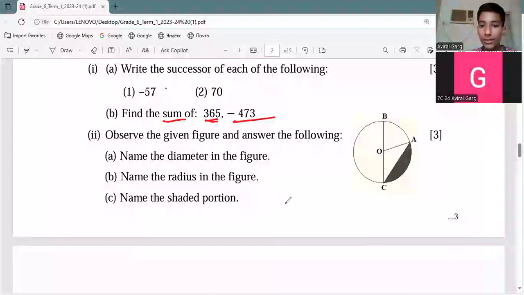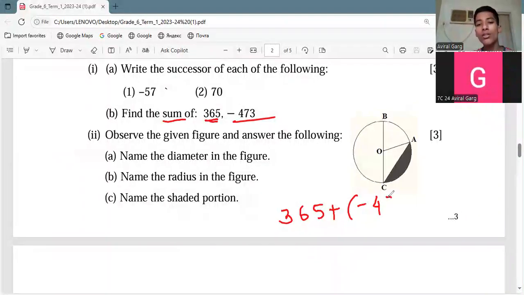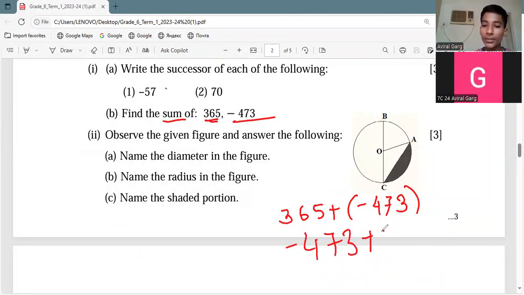There are two methods. One you can do like this, 365 plus, and always put a bracket here because the integer is negative. Or you can do it as minus 473 plus 365. But when they tell you to subtract, you have to be careful, because the number written after 'from' comes first in subtraction. But here any order is acceptable.